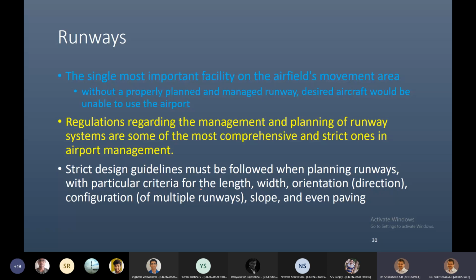So, depending on the largest size of aircraft which can land or take off, the length, width, and also the paving of the runways should be designed to accommodate them structurally as well as geometrically. So there are strict regulations regarding the planning of the runway systems in view of the traffic they have to handle, and also the largest size of aircraft that they have to handle.